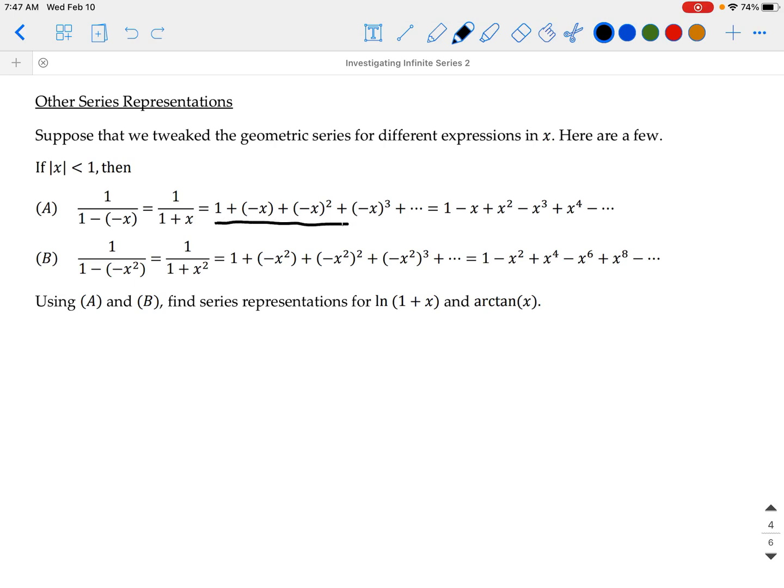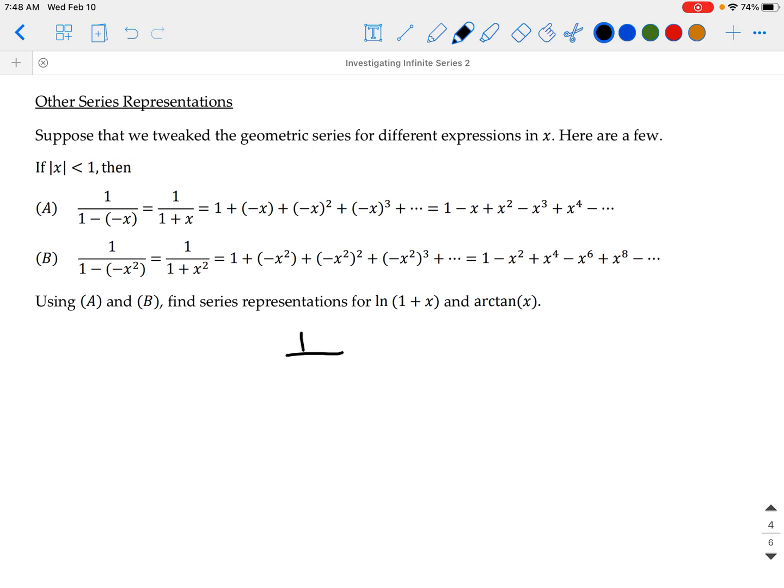So then for our geometric series, we just replace every x term with a negative x term. And if we wanted to replace it with negative x squared, which would give us 1 over 1 plus x squared, well, that's going to be 1 plus negative x squared plus negative x squared squared plus negative x squared cubed, etc. And we get this series expression.